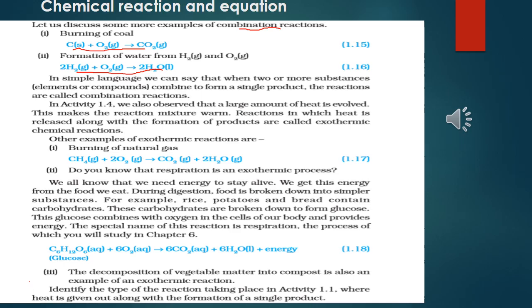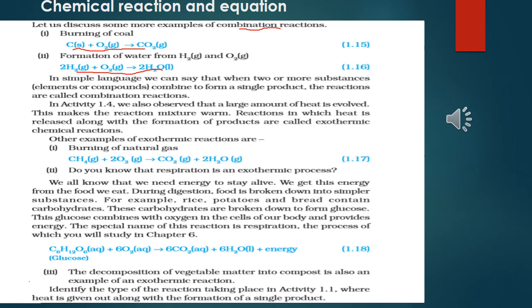So this is an example of combination reaction. Second example, hydrogen plus oxygen to form water. Here hydrogen and oxygen are two different reactants and form a single product. This is also a combination reaction. In simple language, we can say that substances, whether elements or compounds, no matter, combine to form a single product. The reaction is called combination reaction.